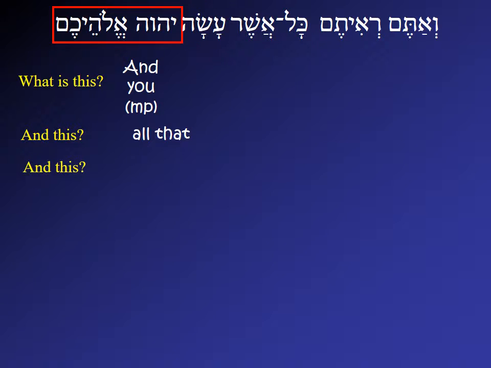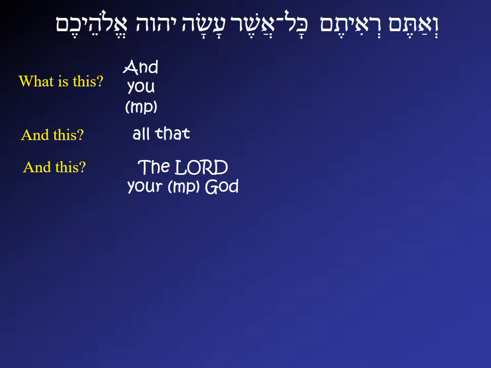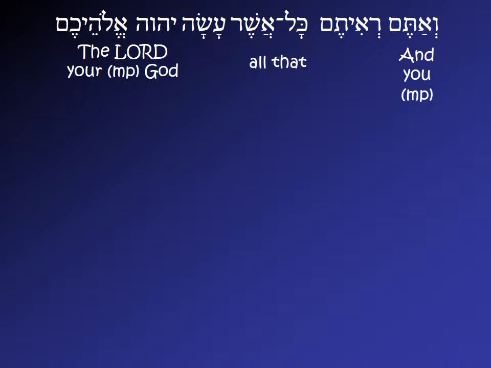And then our last couple of words, Adonai Elohechem, means the Lord your God. So if we put those in place, then that just leaves us with the verbs, re'item and asa. Now, before we can parse these verbs, we need to look at forms of third hey roots.